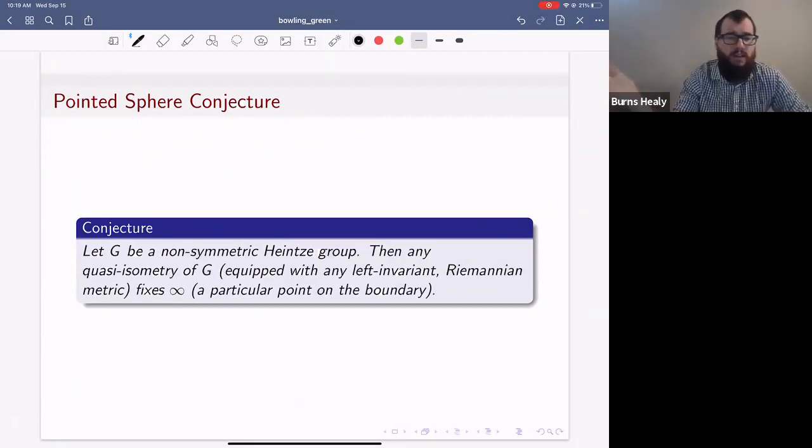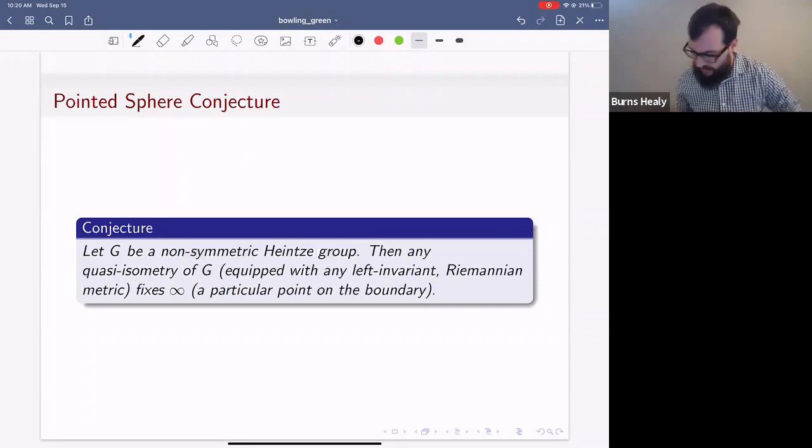It acts by quasi-symmetric homeomorphisms, et cetera. But of course, in a generic CAT(0) space, I can't talk about exactly what happens to the boundary under a quasi-isometry because that's not well defined. So that's exactly the hang-up of proving the conjecture, because we can't talk about the quasi-isometry's effect on the Tits boundary immediately.